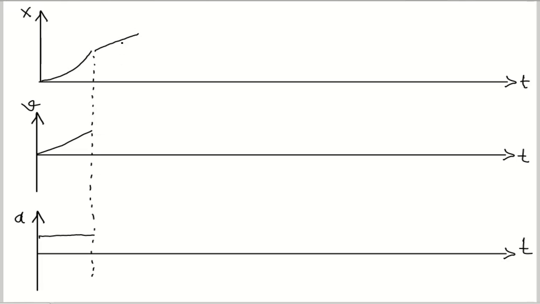The slope of this line on x versus t is going to be a constant number on v versus t. Constant number like this. Now the slope of this constant line on v versus t is going to be 0.